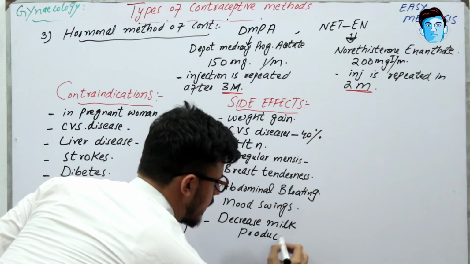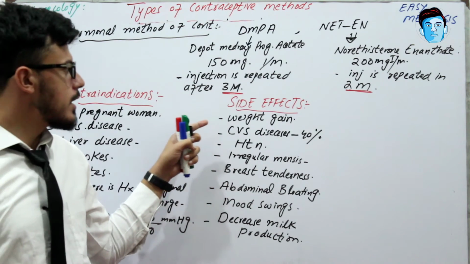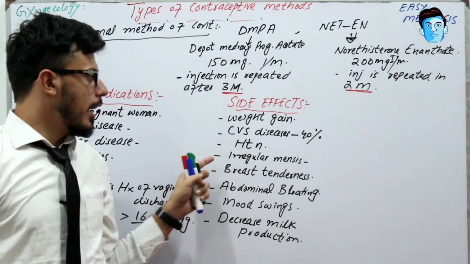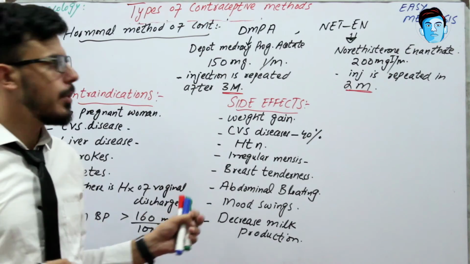So these are the side effects of DMPA: weight gain, cardiovascular diseases, hypertension, irregular menses, breast tenderness, abdominal bloating, mood swings, and decreased milk production.